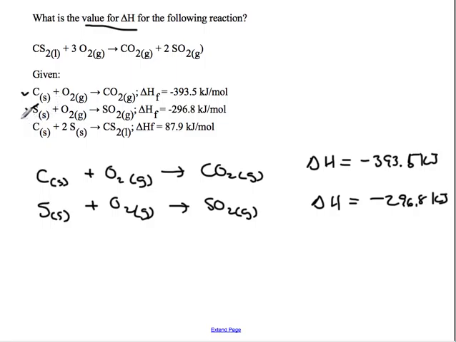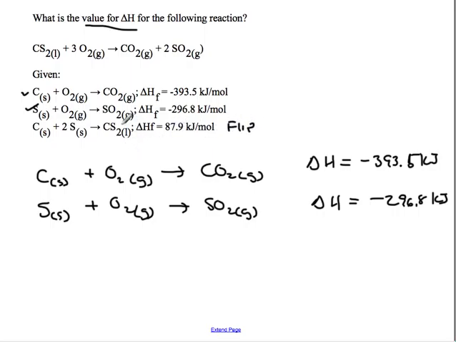Now I'm on the third one. Notice the third one, we have carbon on the product side, but there's no carbon on the reactant side up there. We have sulfur on the product side, but again, no sulfur on the reactant side. But notice that we have carbon sulfide on the product side, and in the main reaction, carbon sulfide is on the reactant side. So what this means is I have to flip this and make it go backwards.